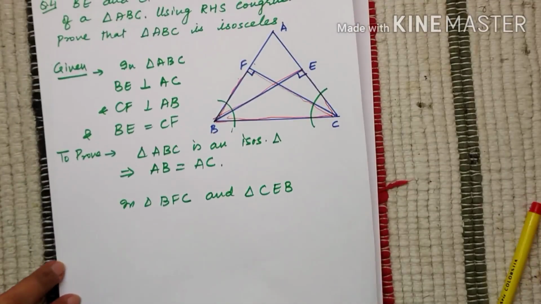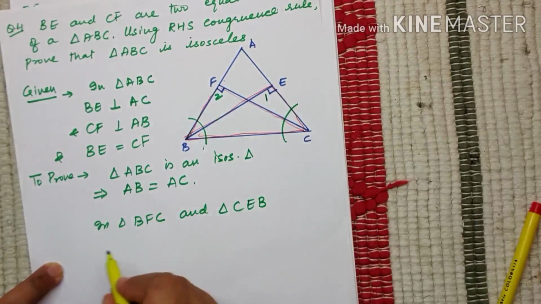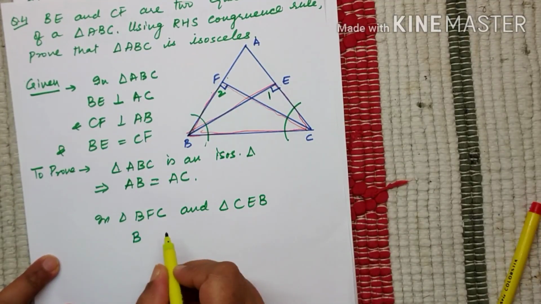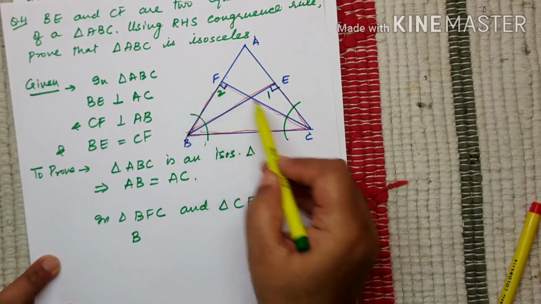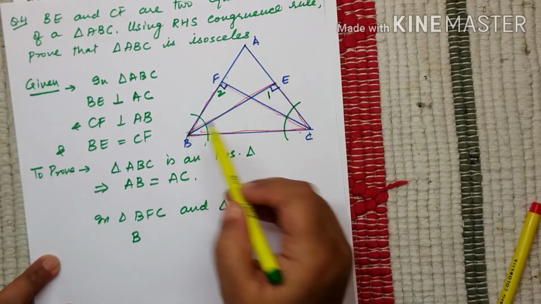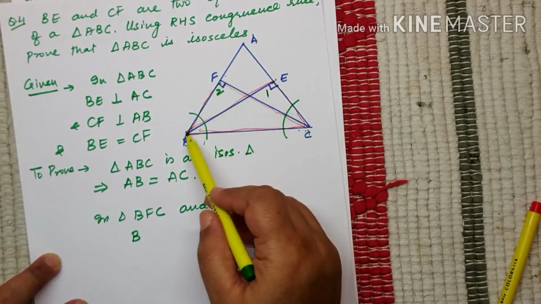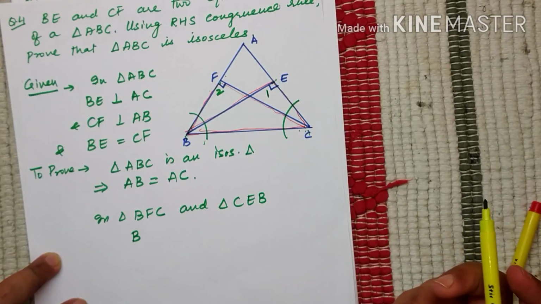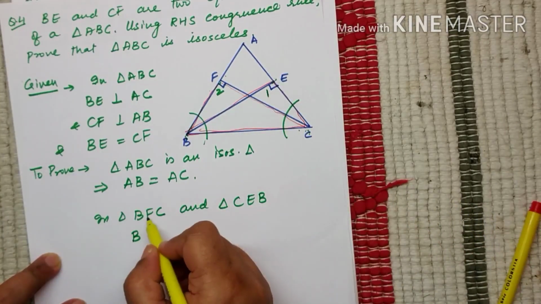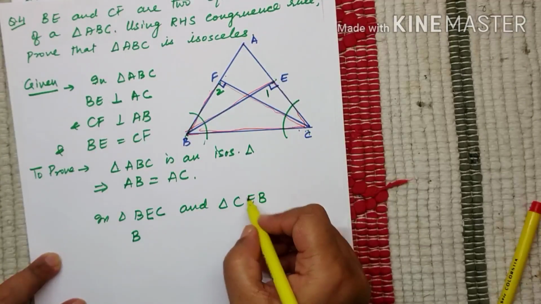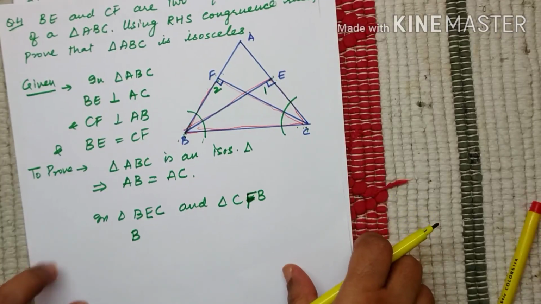What do I have in these two triangles? Let's call these angles 1 and 2. You can name it BEC and CFB, whichever is convenient to you. I think BEC sounds more convenient. So BEC and CFB. Let's call these two triangles by the names like this.